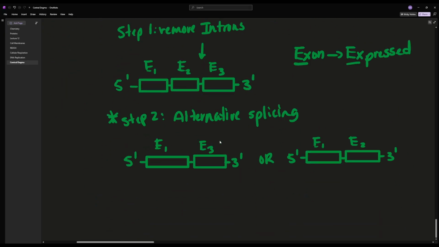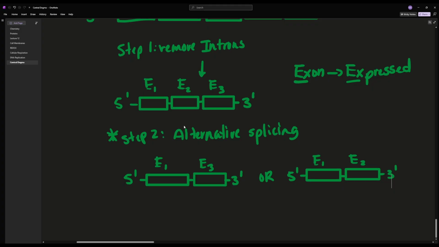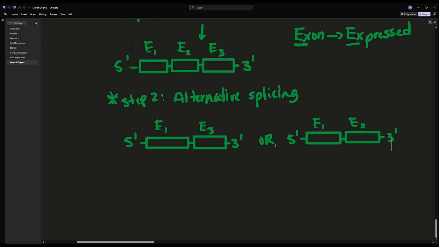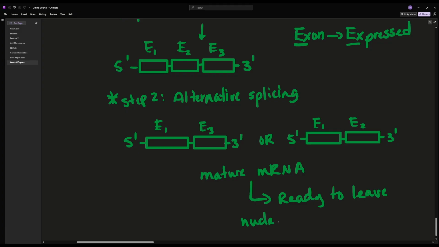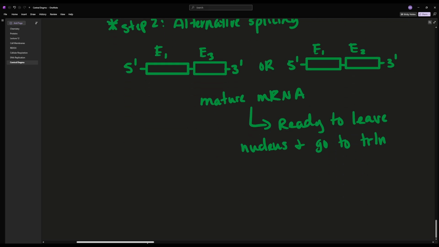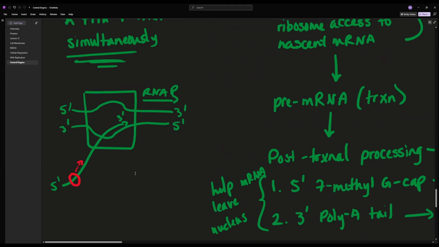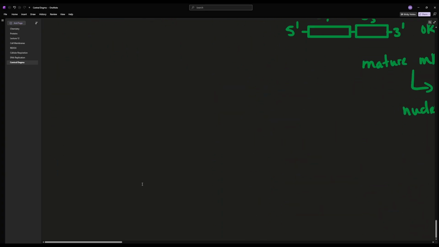All right. So once we have whatever our final transcript is, this will be called our mature mRNA. And this is ready to go. Actually, we'll say ready to leave the nucleus and go to translation. Remember, translation is going to occur in our cytoplasm. So we're going to meet up with our bacteria here in terms of the translation process.